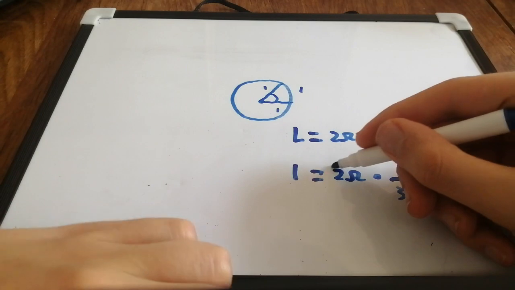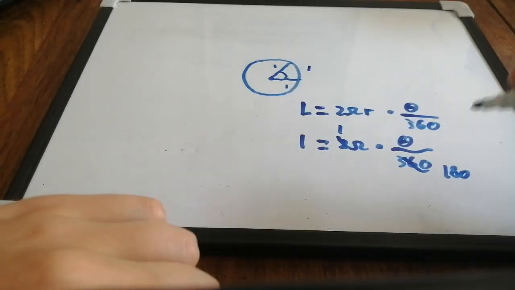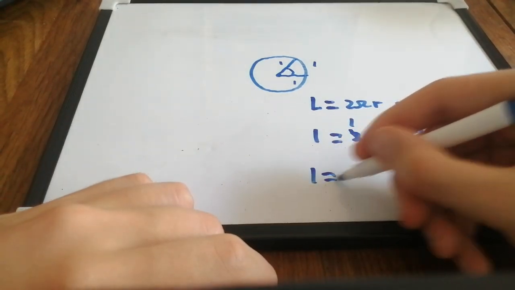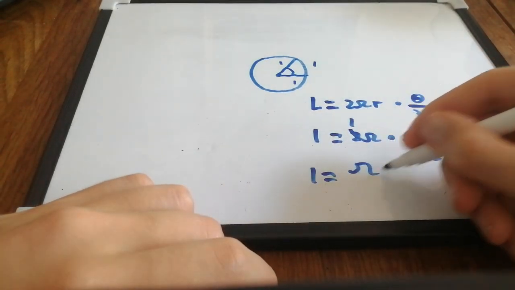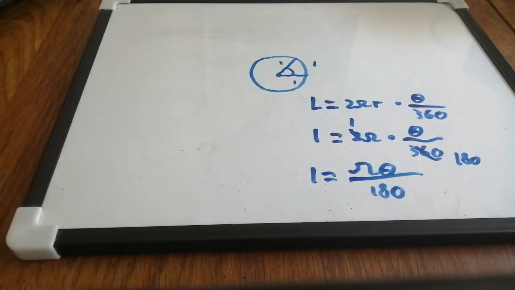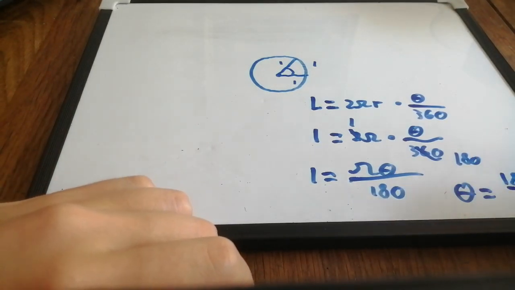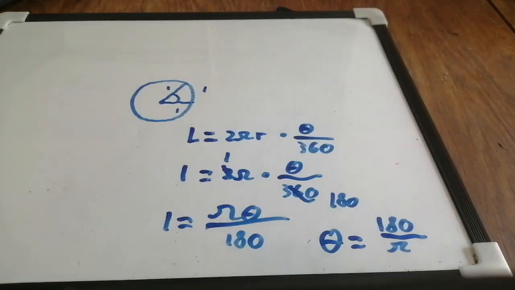So I'm going to start off by just crossing this out, simplifying it as 1 and then 180. And so therefore we've got 1 equals pi theta over 180. And then from here we can multiply both sides by 180 over pi, which will give us theta is equal to 180 over pi.